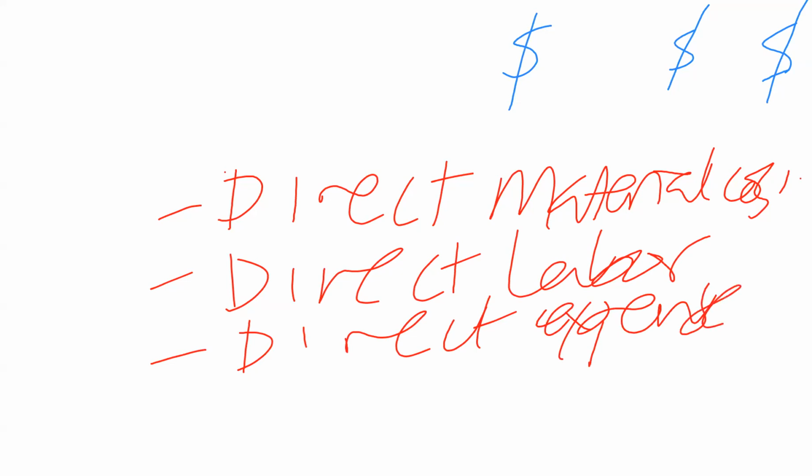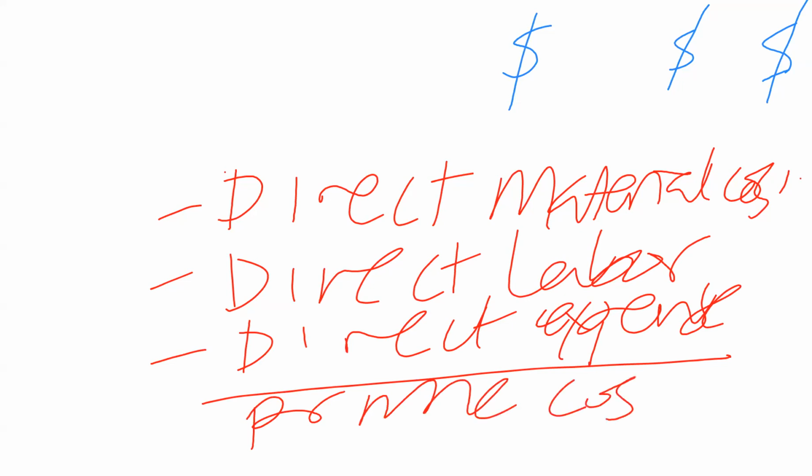When you add these 3, you form what is known as the prime cost, which is just the cost of all the direct costs.